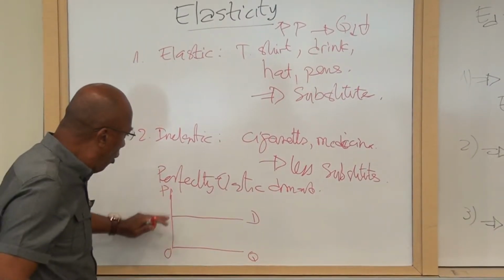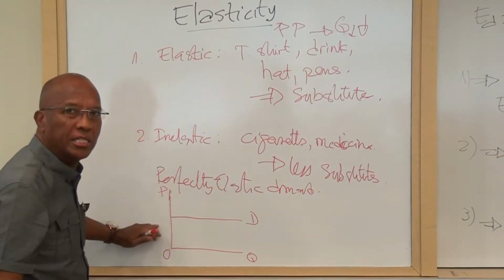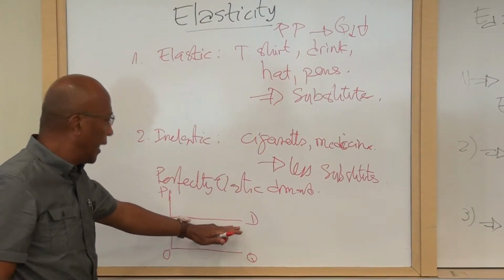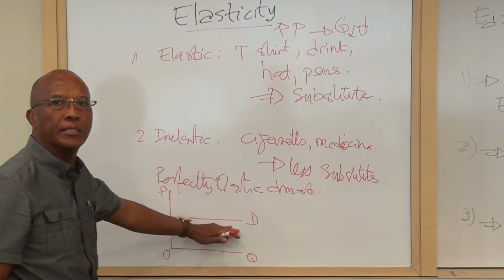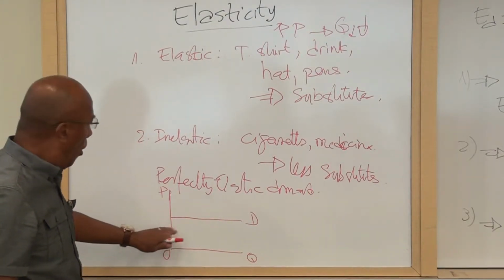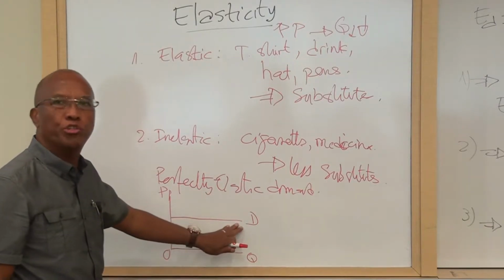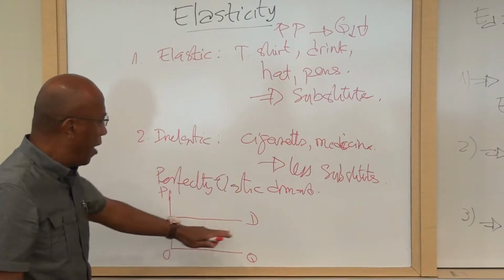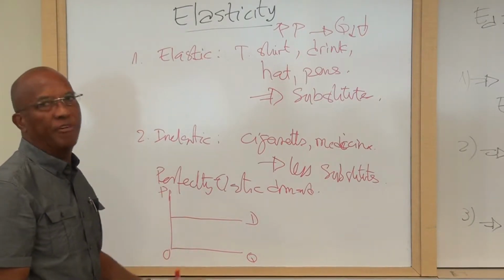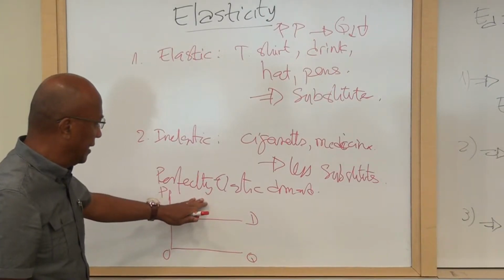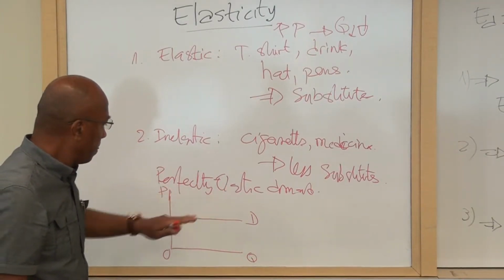That means with a small change in the price, you'll have a drastic change in the quantity demanded. If you decrease the price by a bit, most of the goods will be purchased by consumers. If you increase the price by a bit, consumers will not buy even one. We call this a perfectly elastic demand.